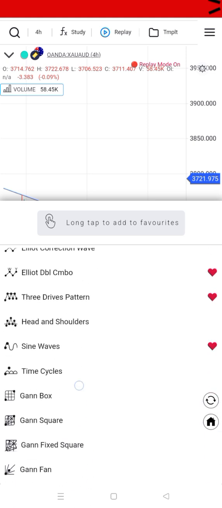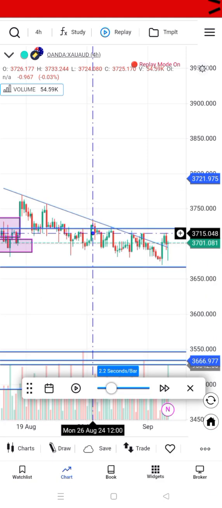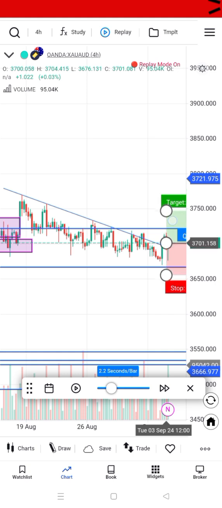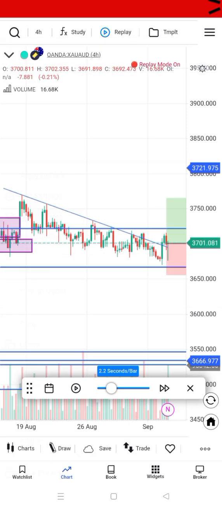So let me first pick a rectangle and show you something I have noted. As you trade, guys, always consider looking at these positions. It has broken out, guys. So I will be tempted to take a position, but now what will be my take profit?